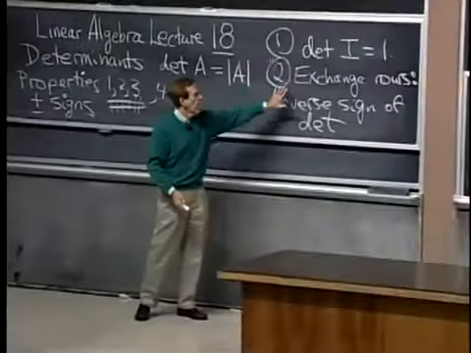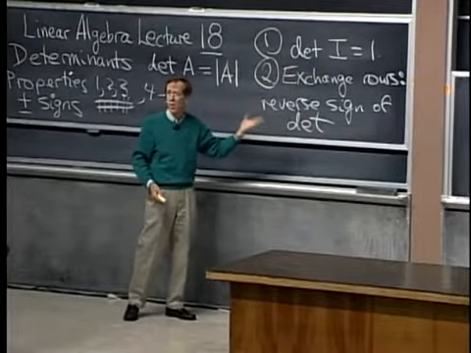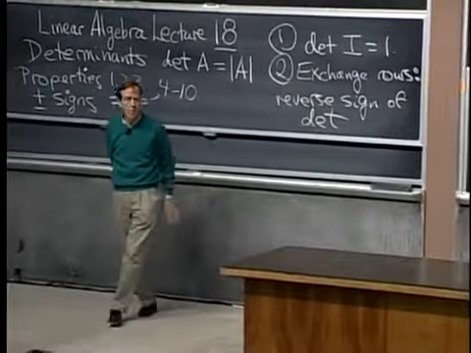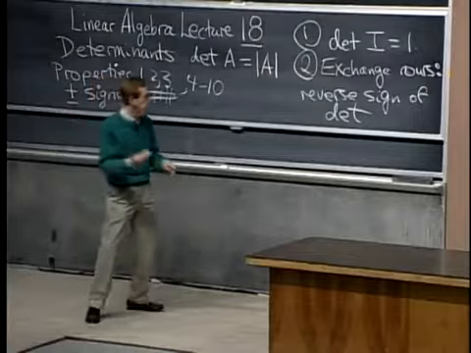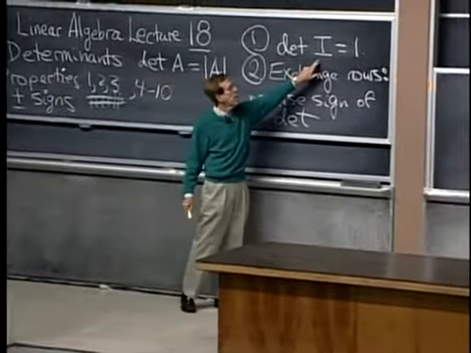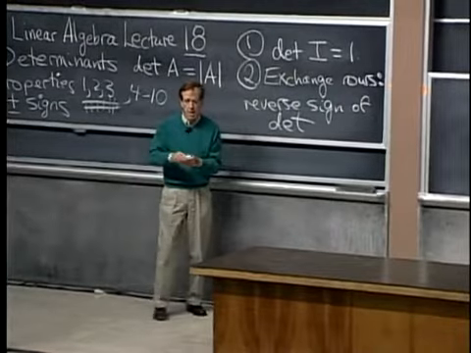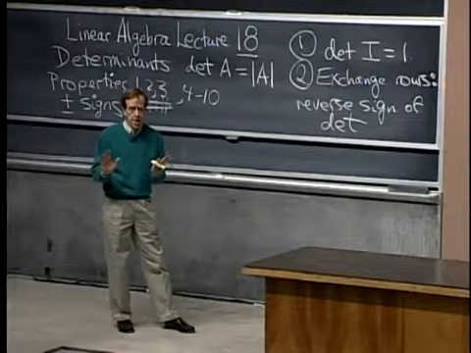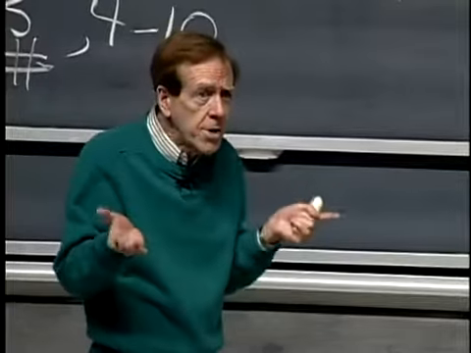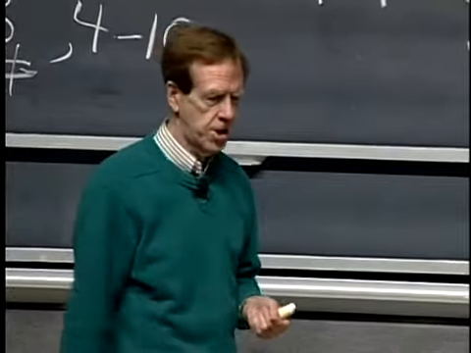And so now, actually, what matrices do we now know the determinant of? From 1 and 2, well, I certainly know the determinant of the identity matrix. And now I know the determinant of every other matrix that comes from row exchanges from the identity. So what matrices have I got at this point? The permutations, right.